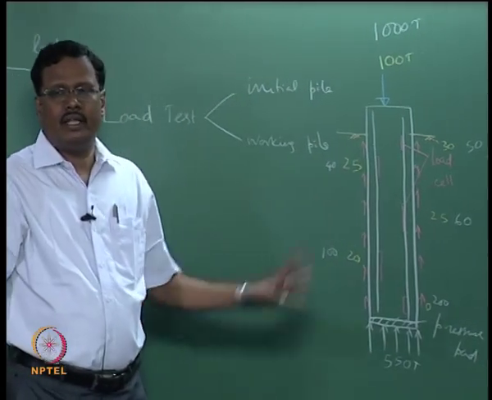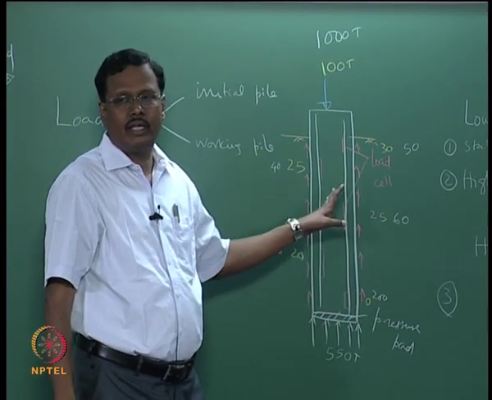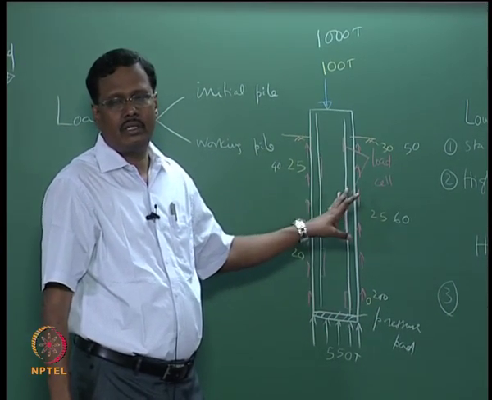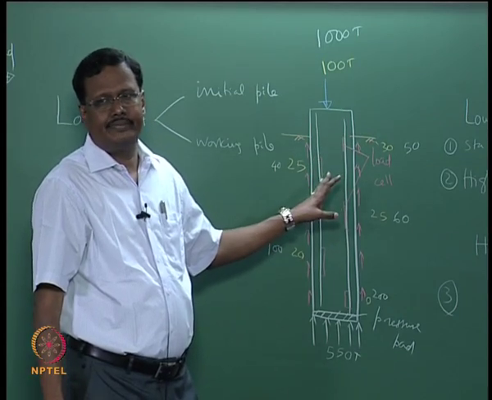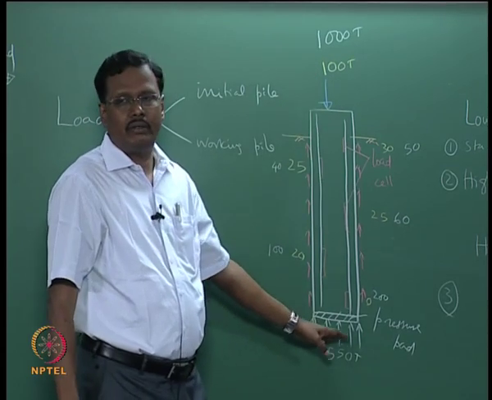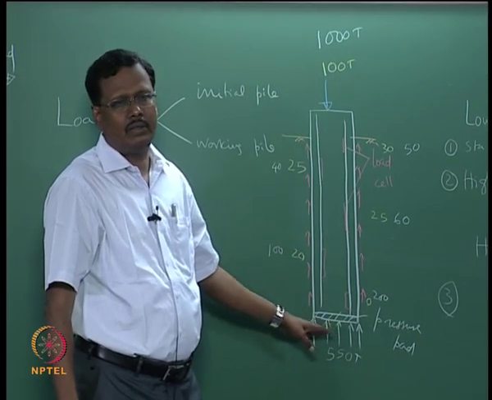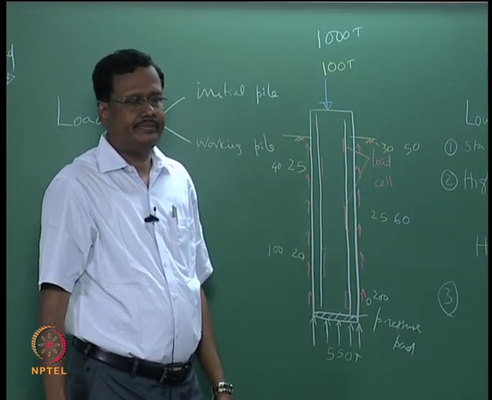So depending on the layer, the distribution I have randomly placed, the distribution of the load taken by skin friction depends on the strength of each layer. But when you apply 100 tons, there may not be any end bearing going to the bottom of the pile, because the soil itself will take the pressure.